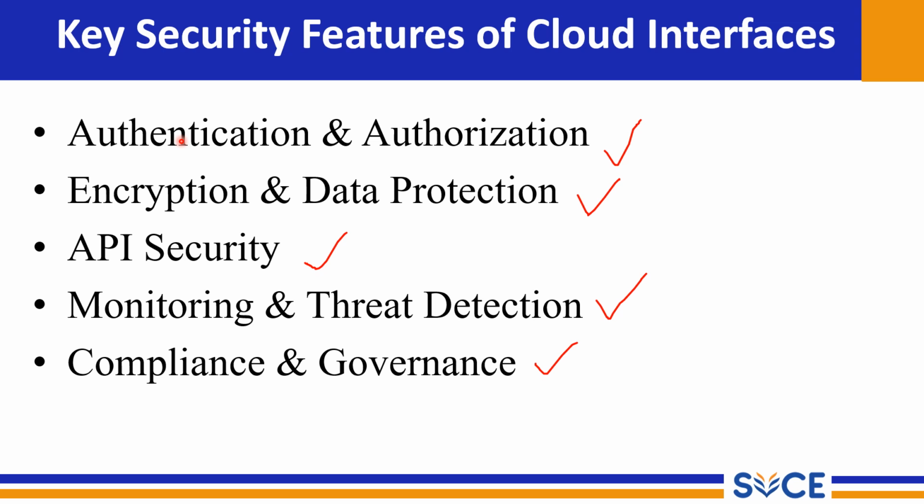Okay, and security groups, firewalls, network access control lists, and audit and logging interfaces. So we use logs from services like AWS CloudTrail, Azure Monitor, or GCP Audit Logs, which track the access history, API calls, and configuration changes.